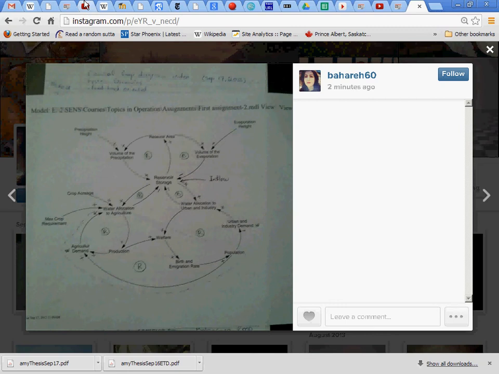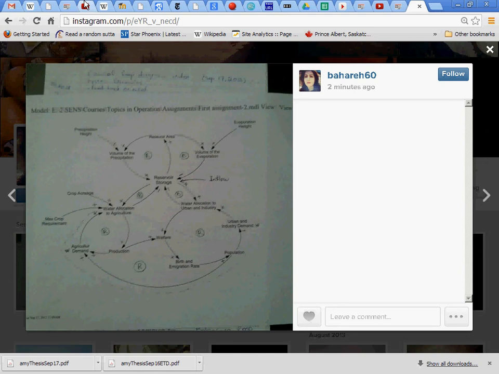So here we have water allocation to agriculture, and the more it's allocated to agriculture, the more production you have, and then you have demand. But demand comes not only from production, but from the population itself.